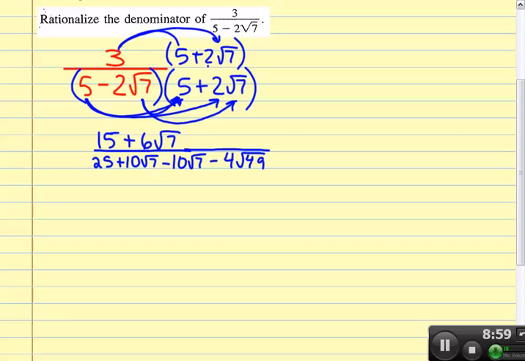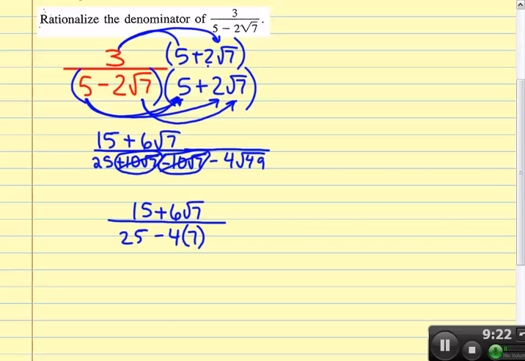Now watch what happens. The top I can't simplify. That's 15 plus 6 root 7. Done. On the bottom, I'm just going to bring 25 down for right now. Look at positive 10 root 7 and negative 10 root 7. They just go away. Minus 4 times 7. Root 49 is 7.